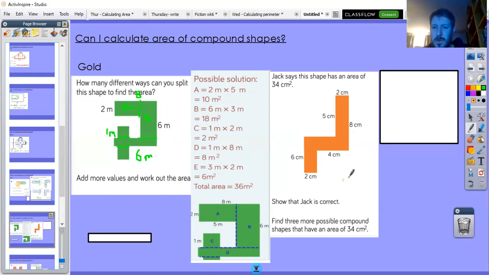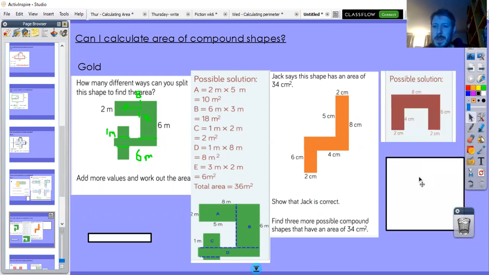And then this one, so you were showing how Jack was correct and then trying to have a go at creating your own ones. So hopefully you worked out the separate areas for this one, so you could have split this one off potentially across, let's say, there and possibly there, and then calculated it out to find 34 centimeters squared altogether.